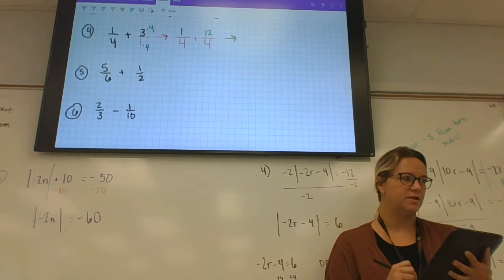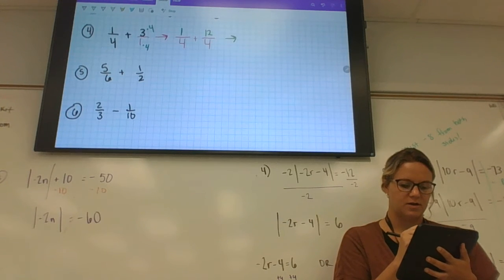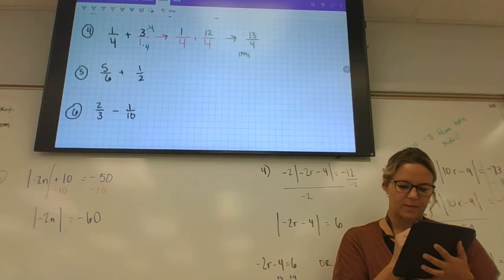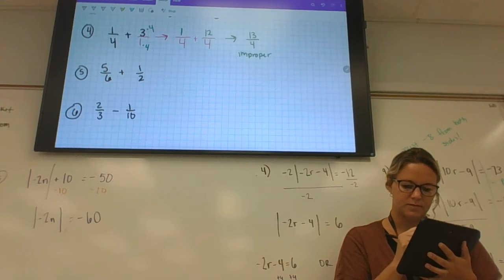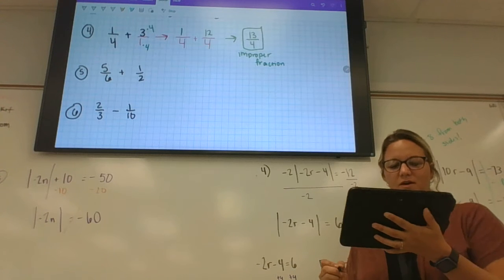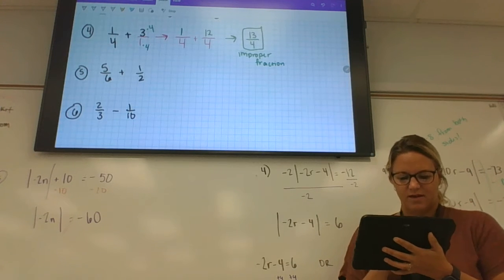Improper fraction. 13 over 4. Love it. That's the answer I'm looking for.